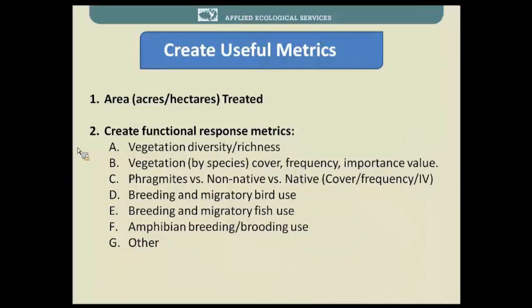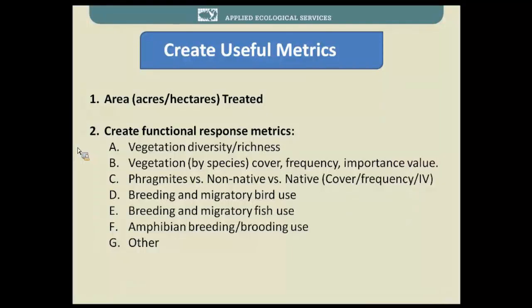Creating useful metrics becomes really important. I think the GLRI funding, Great Lakes Restoration Initiative funding, because it was so focused on action, acres treated was the way to tell senators and representatives and the Congress that we were being effective. We were meeting the terms of the intent, but the actual functional response metrics haven't, in many cases, been remeasured after treatment.